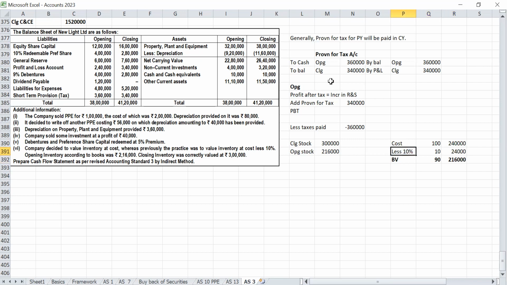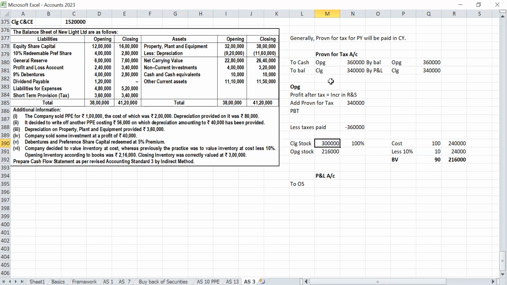Right? Normally, if you prepare trading and profit and loss account, opening stock will come on the debit side. As per books, 2,16,000 is the opening stock. But we should value closing stock at 100% cost.